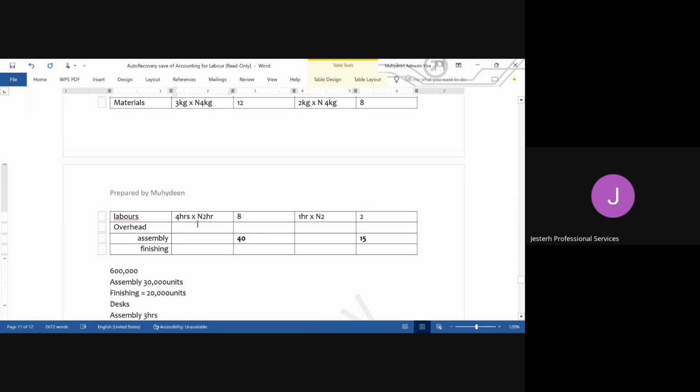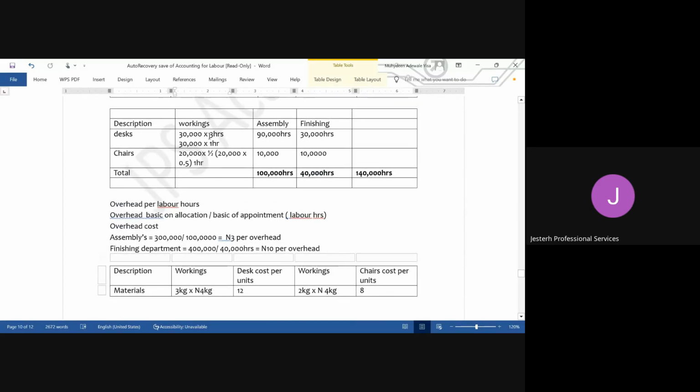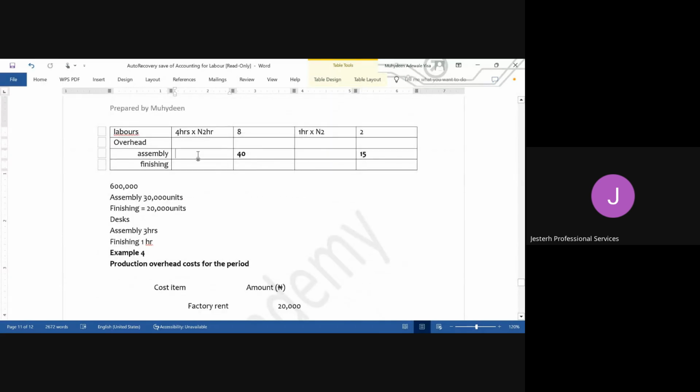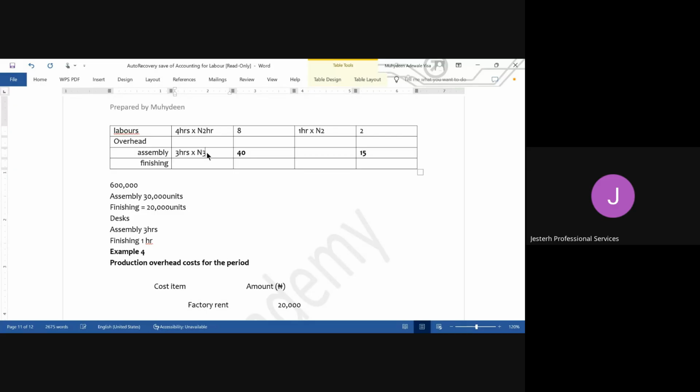Now, the major thing here is we already split these things: 3 hours go to assembly, and 1 hour goes to the finishing department. Now you come here and say 3 hours multiplied by how much we allocate to the assembly department, which is 3 naira per overhead hour.